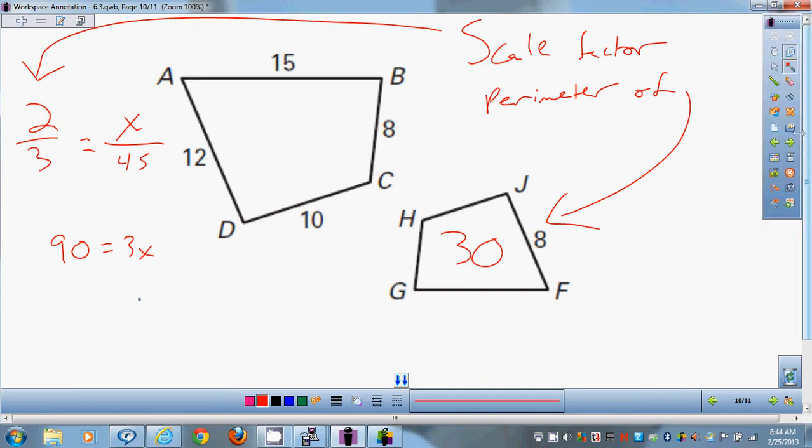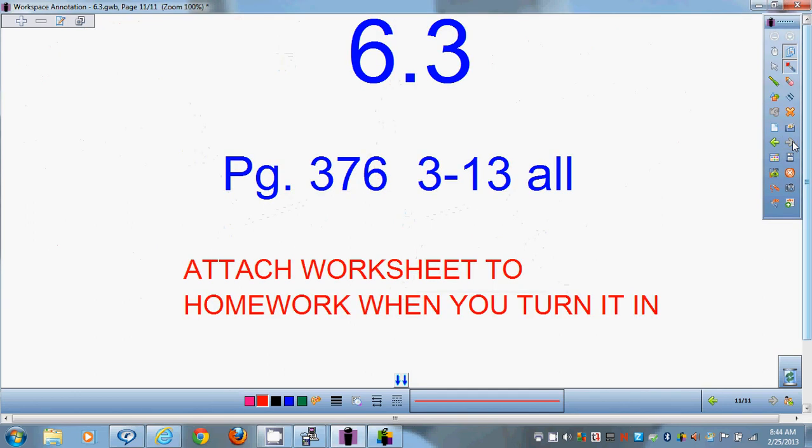Hold on. Yes, here. Now please follow instructions. Staple to the back. Of course, that's assuming I ever pass out your worksheet. You don't have to. Oh, I will.